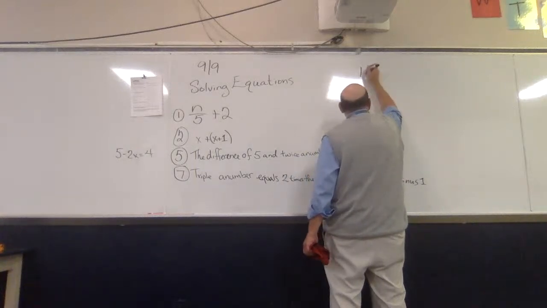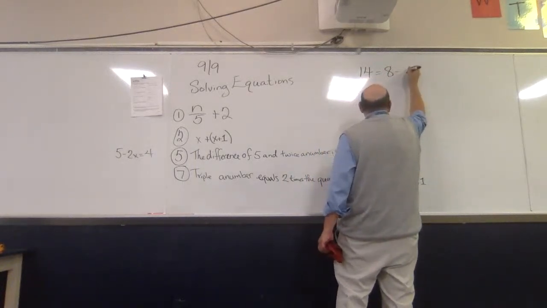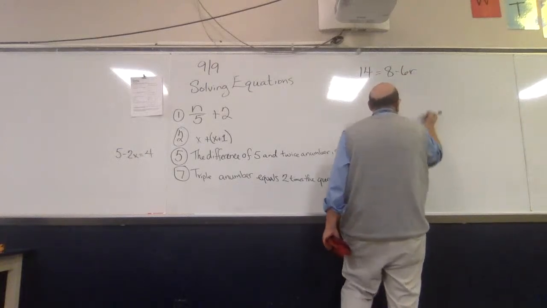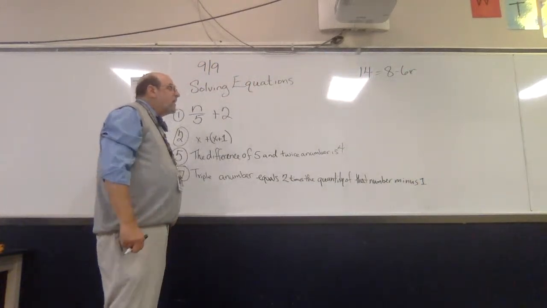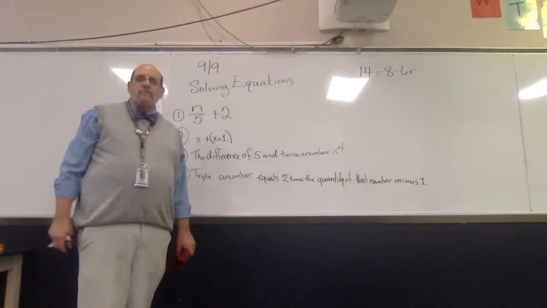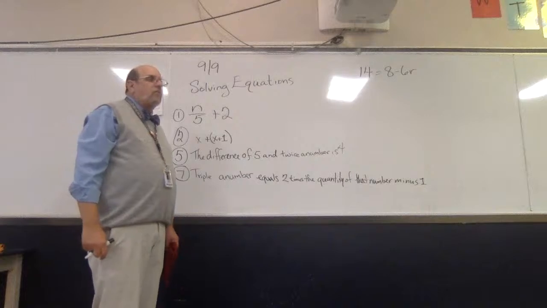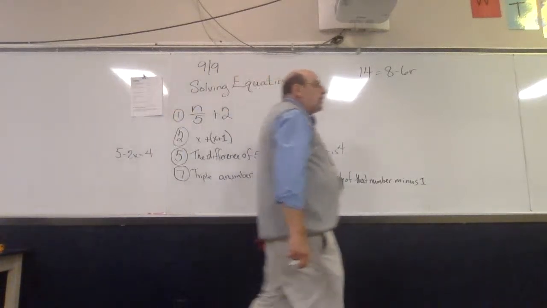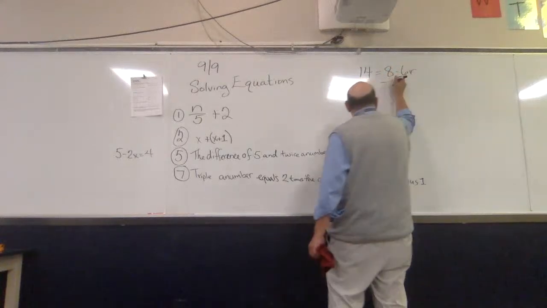Oh man, 14 equals 8 minus 6r. You're gonna blow it. They set you up for failure. They did. All right, so what are we gonna do? How do we start? Subtract 8 from both sides. Yes!